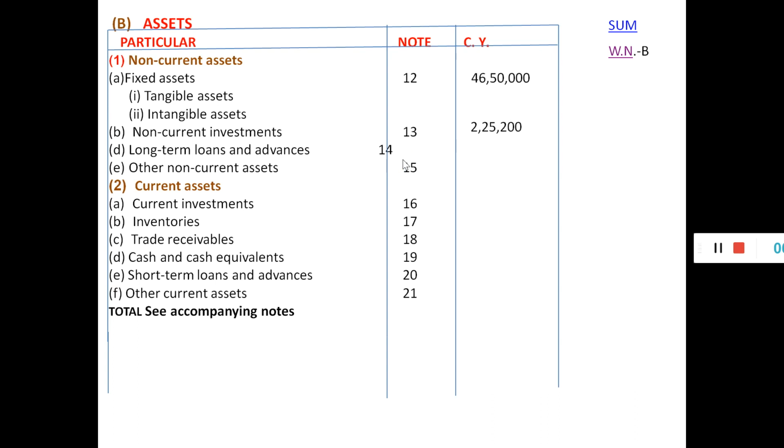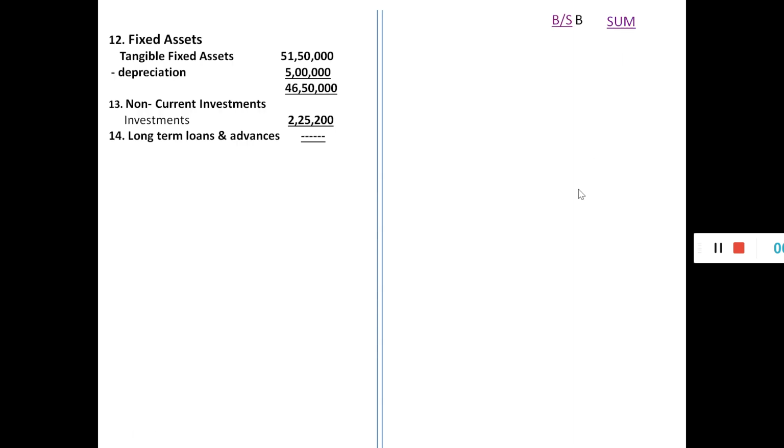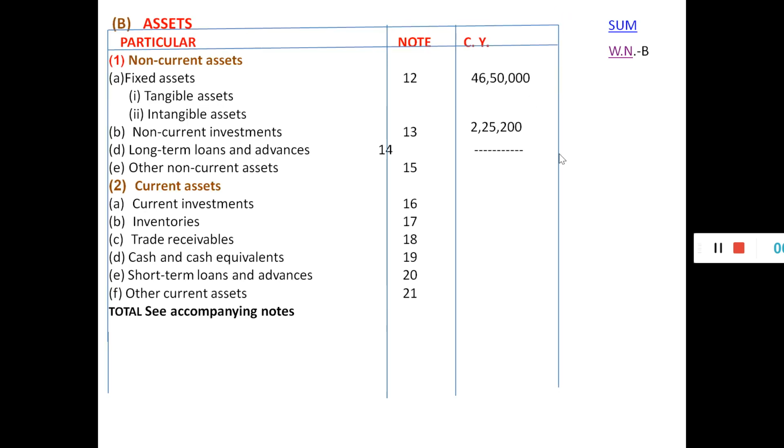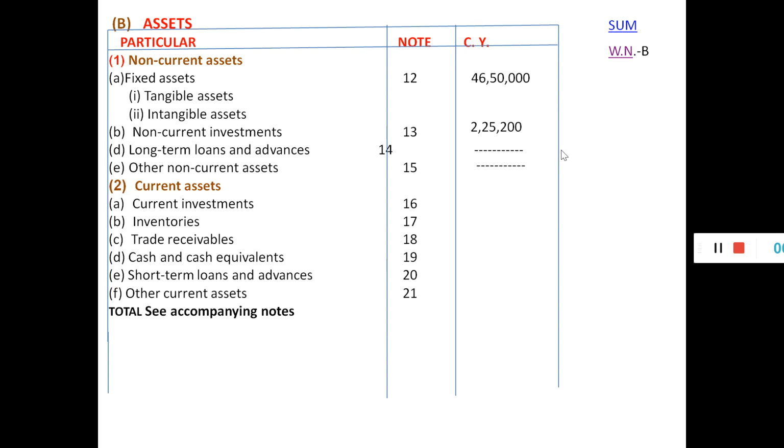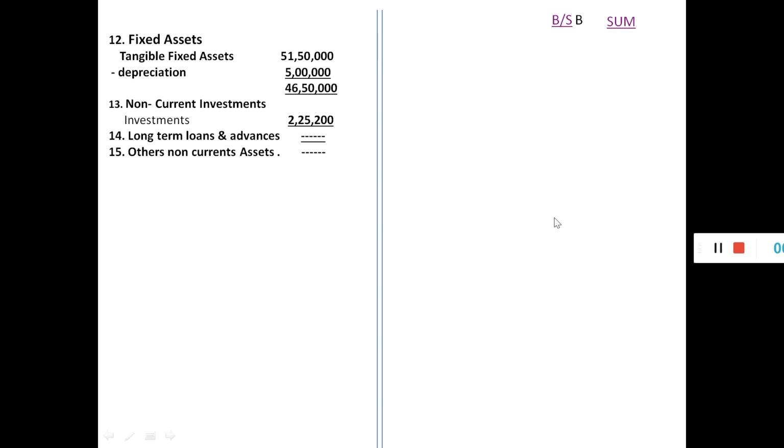Long-term loan and advances, note 14. No item is there. Other non-current asset, note number 15. No item is there. Current investment 16. No item is there.